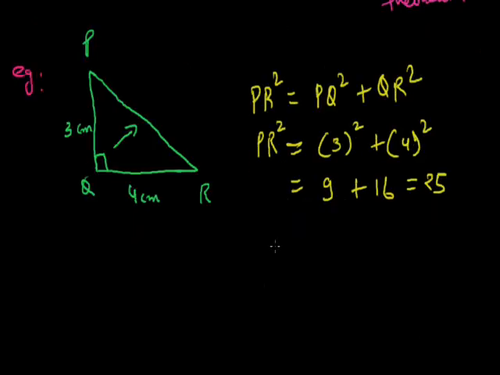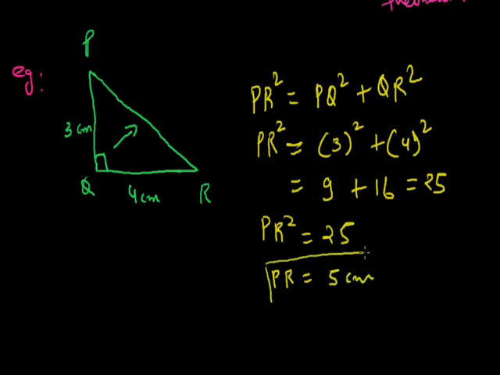Now we are getting PR square is equals to 25, and therefore PR will be equals to 5 cm. Since 5 square is equals to 25 and we are having PR square here, PR will be equals to 5 cm.